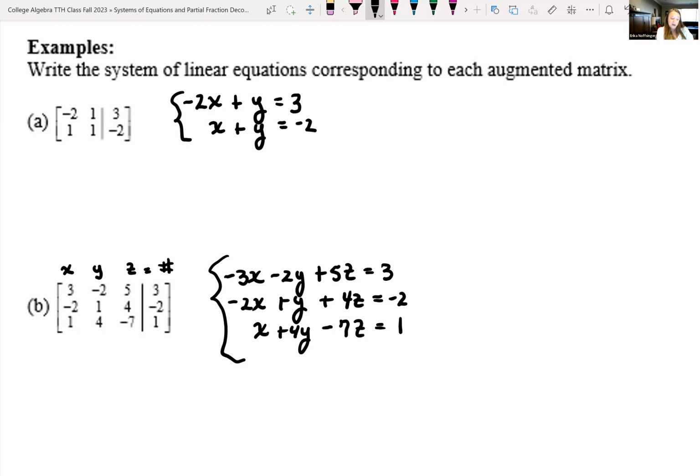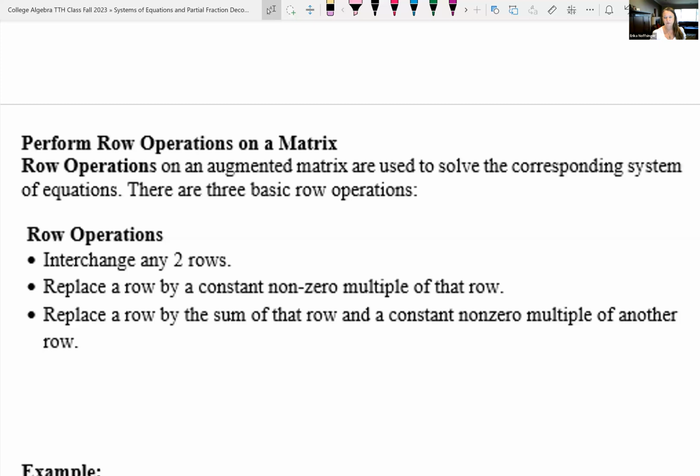Okay, so now that we know how to rewrite systems of equations as an augmented matrix and vice versa, let's look at properties that we can use to help us solve these systems of equations. So in front of us, we have row operations that we can do to our matrix.